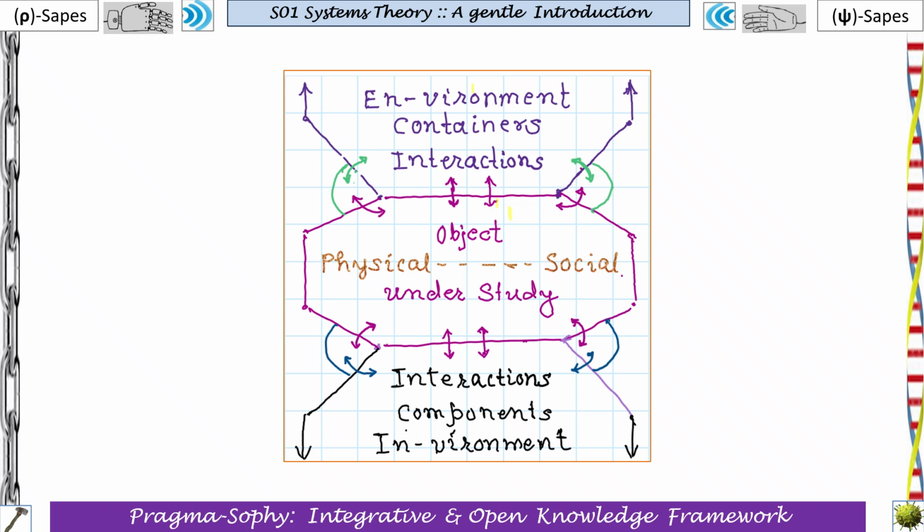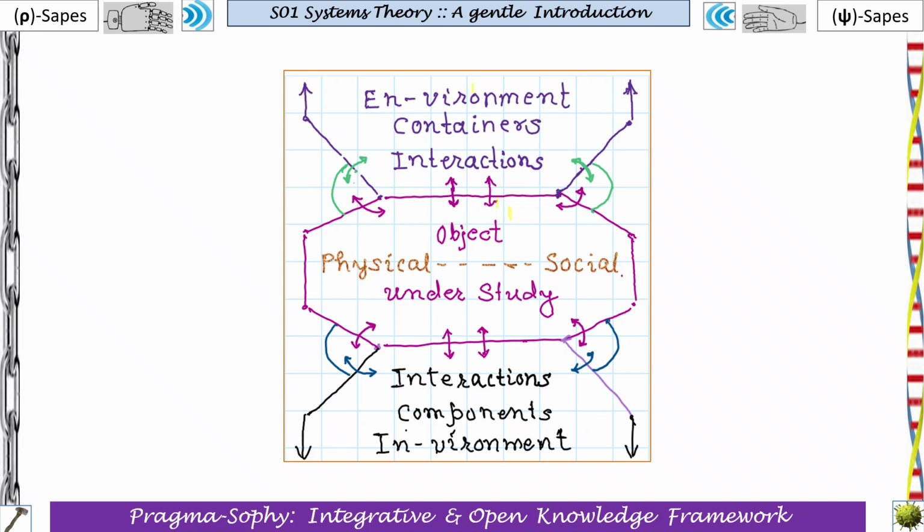And this brings us beautifully to the figure I have shared, a visual guide that captures the essence of how systems theory views the world. At the center of the diagram sits the object under study. This object might be purely physical, like a machine part, a cell, or a planet, or it might be social, such as a community, a business, or even an idea.